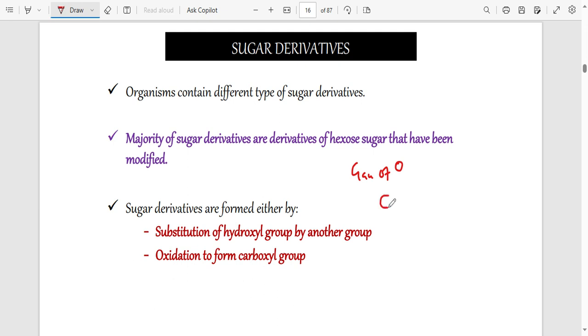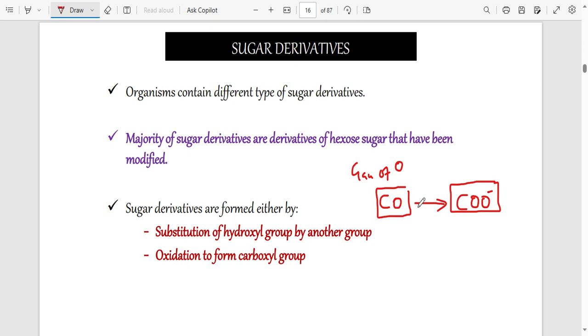So if I have a compound with a carbonyl functional group, and we make this carbonyl functional group become a carboxylic acid functional group like that, what we have basically done is oxidized it. So this is oxidation.